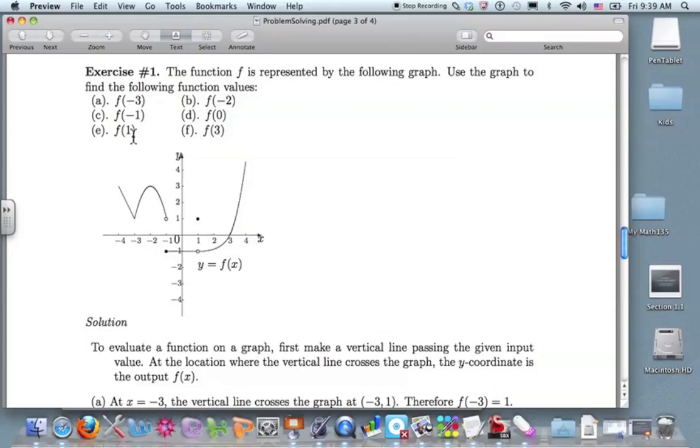reading 3. And at -1, this time the vertical line goes through and passes the circle first and hits the dot here.